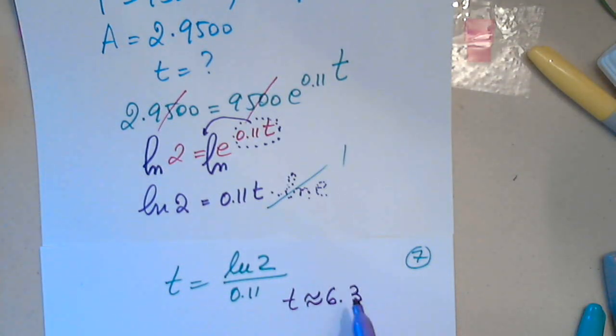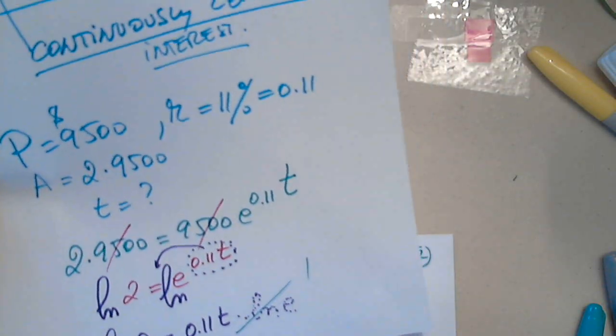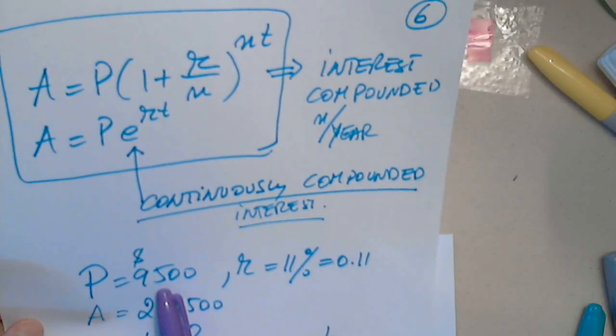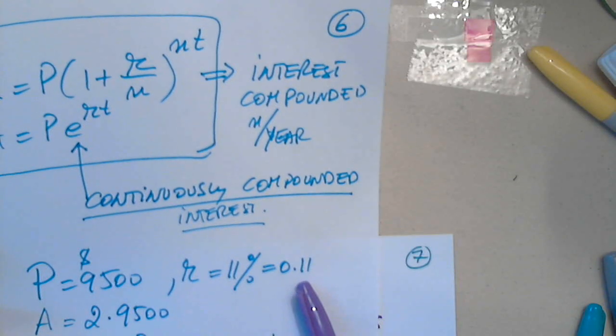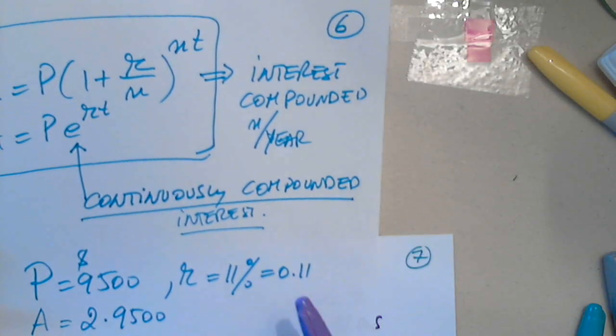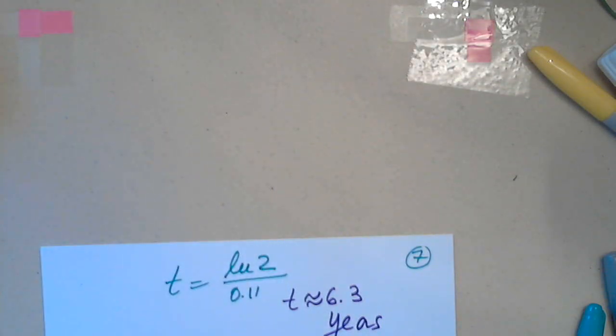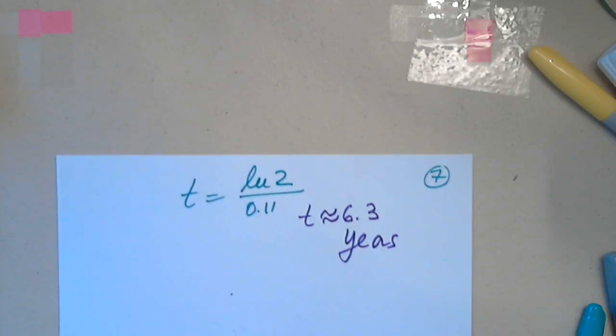Measurement unit. Years. Excellent. So 6.3 years are needed to double our investment, assuming the annual interest rate is 11%. It takes 6.3 years to double our investment.